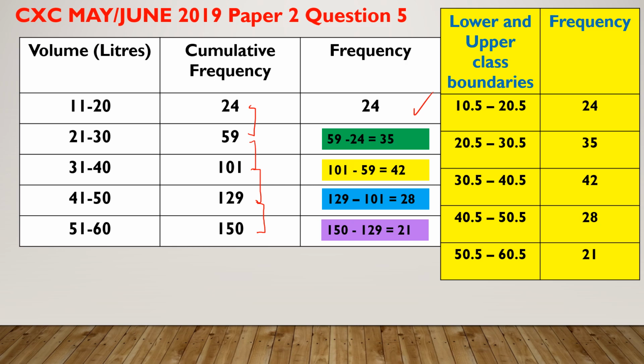What we do is subtract 0.5 and add 0.5, and that gives us these values that we have here. So 21 to 30 will be 20.5, a follow-on from before, to 30.5. We start with 30.5 and add on 0.5 to 40.5 until we get to 60.5. Right, so let's now go and draw our histogram.